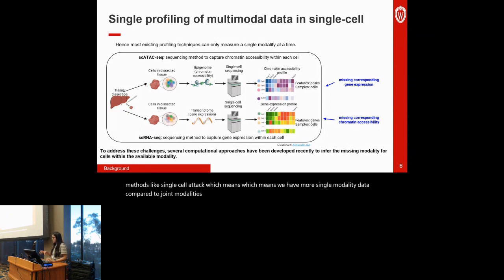So this creates a space for methods that can utilize these single modalities and impute the missing ones. And so several methods have been developed in recent years to infer missing modalities so we can do the joint analysis of the cells.